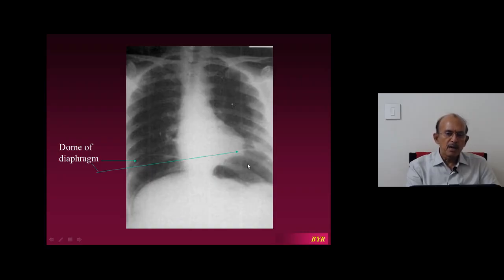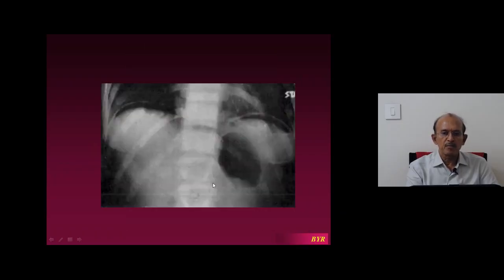The stomach will have air, so when the patient stands erect, that air goes into the fundus. So fundal gas will be there. That's why you must always focus your attention on the right side of the dome of the diaphragm. It will accumulate on the left side of the dome of the diaphragm also, but that gets overshadowed by the fundal shadow. That's why you may not be able to observe it.